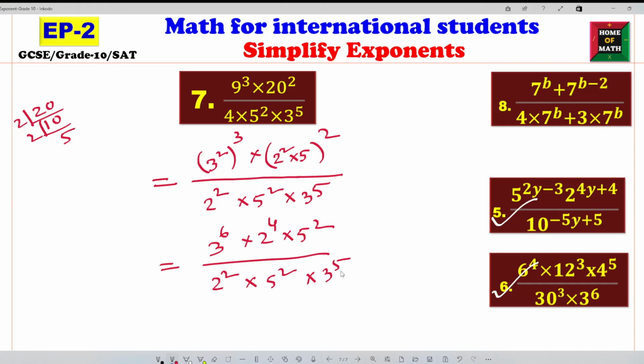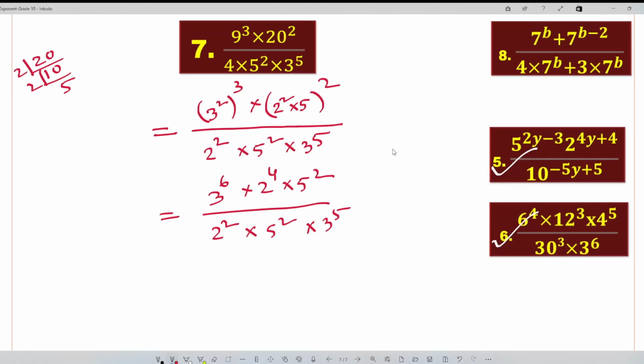Okay. Now look, this 5 square and this 5 square we can cancel out, right? And look, here is 3 to the power 6 and here is 3 to the power 5. We can write 3 to the power 6 minus 5 times, here is 2 to the power 4 and here is 2 to the power 2. So we can write 2 to the power 4 minus 2, right?